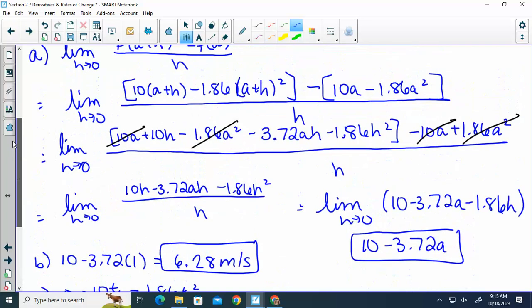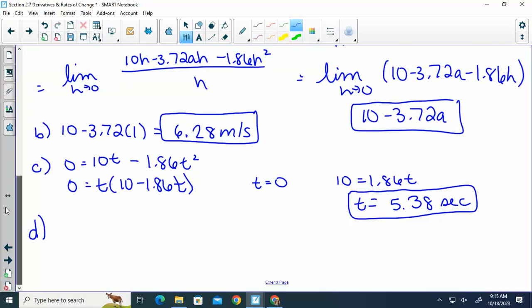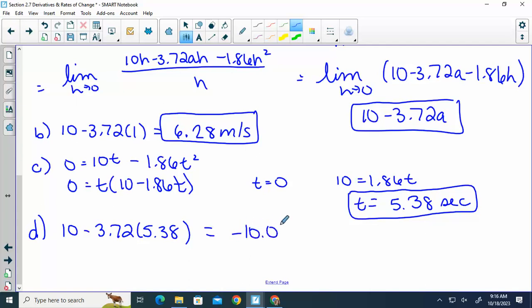And then the last part, what's the velocity when it hits the surface? So I know the time. And our velocity is the same thing as the derivative, which we found that formula in part A. So we can plug that in. Why would it be a negative?